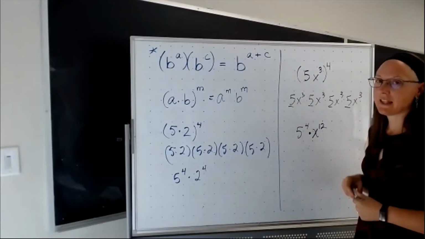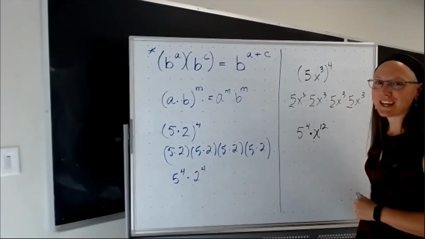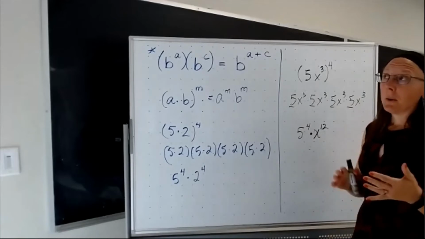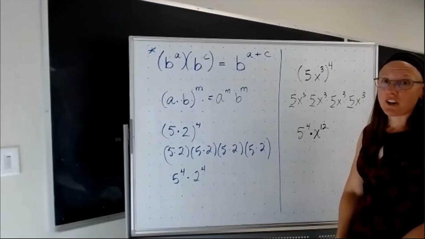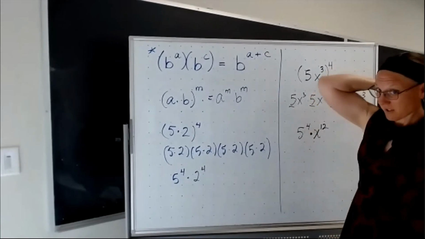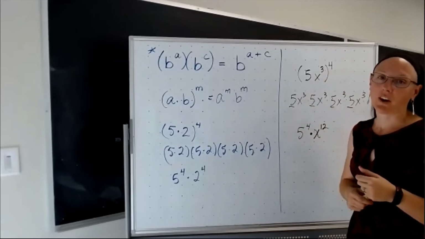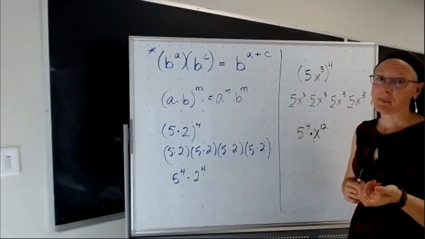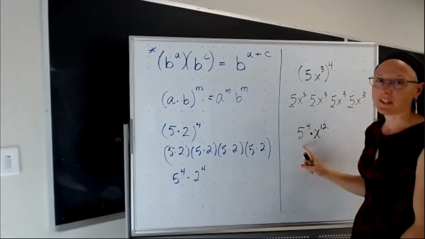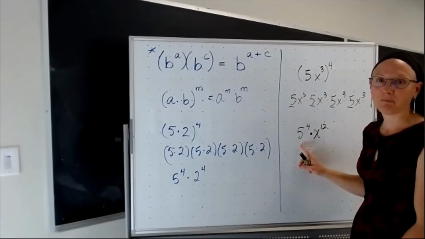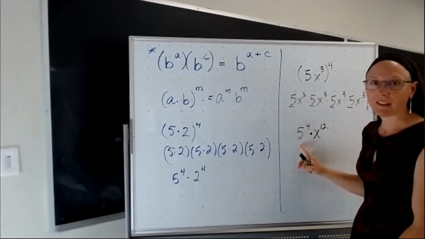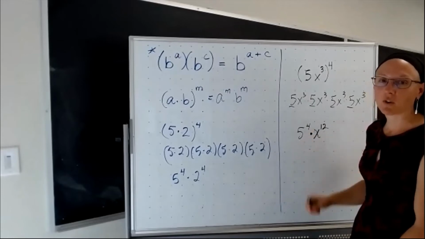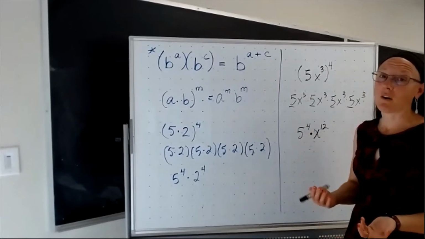We talked about this yesterday, but for the sake of folks that have just joined us, UC Davis is pretty much a non-calculator campus in terms of calculus and other math classes. But the good news is that means you wouldn't be expected to calculate this out. You could just walk away and leave that written as 5 to the 4th times x to the 12th.